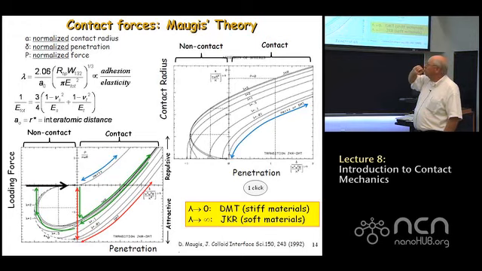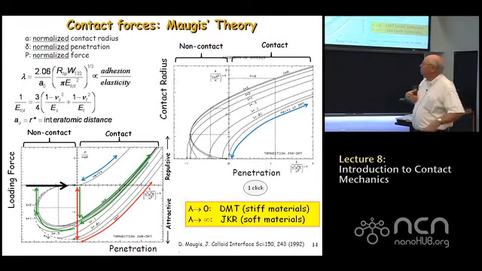And so, if you read Maugis's paper, he's got these very complicated graphs, which I try to simplify in this diagram, and these graphs are very useful for interpolating from the DMT model to the JKR model for different values of that parameter lambda.